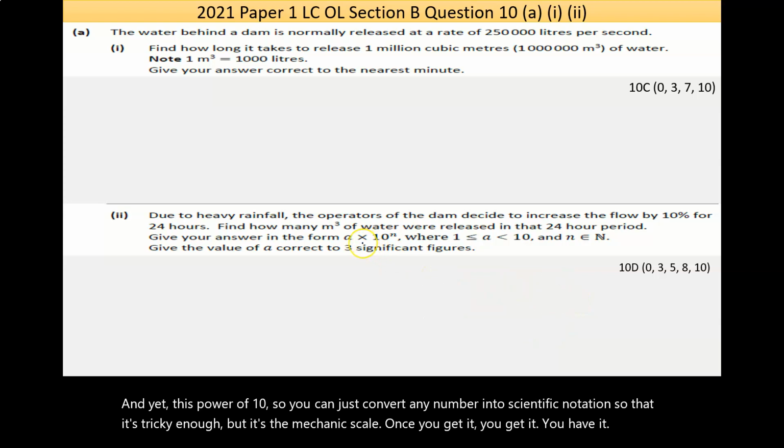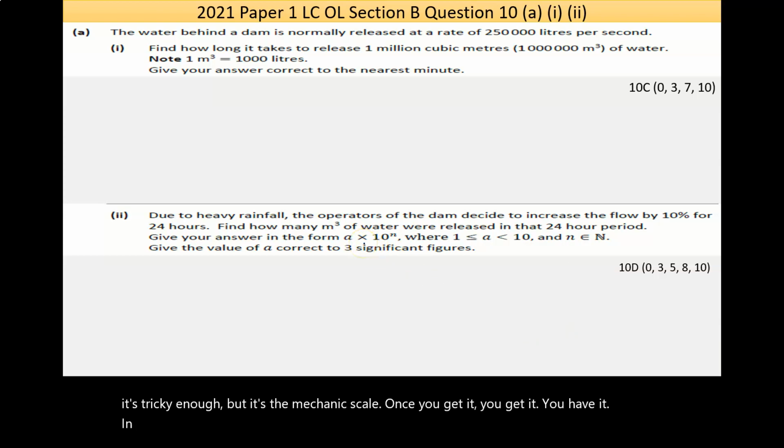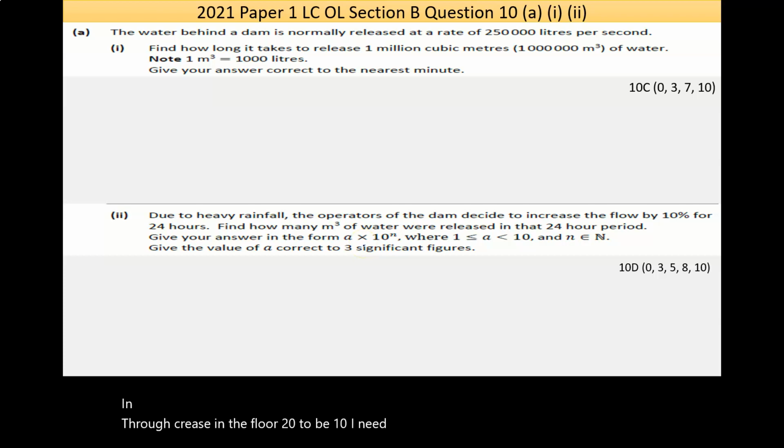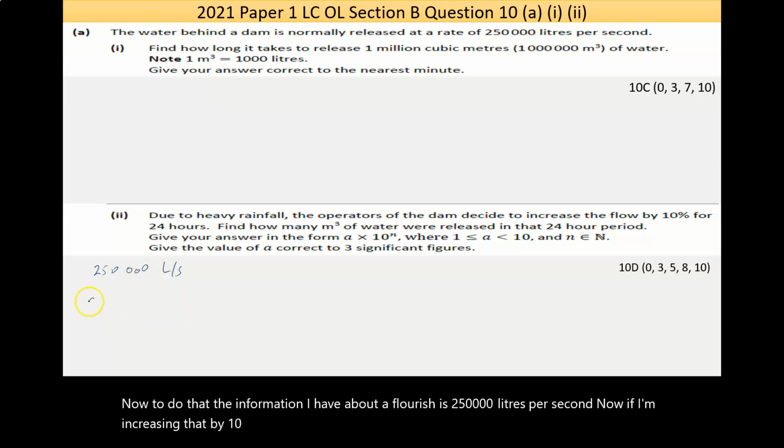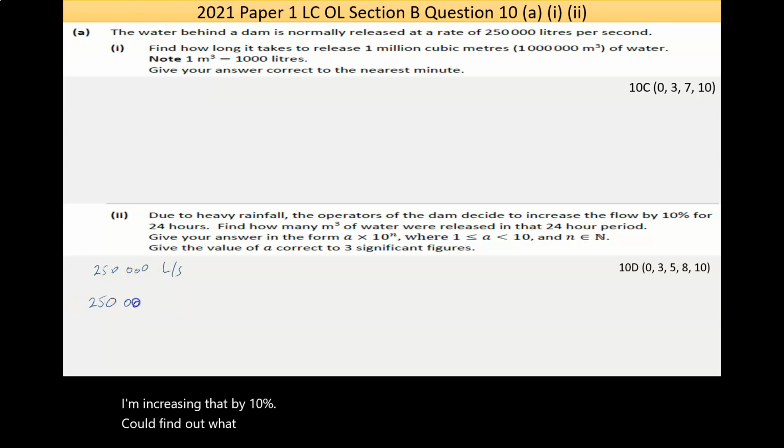Now, in increasing the flow by 10%, I need to know what the flow is for 1 day. To do that, the only information I have about a flow rate is 250,000 liters per second. If I'm increasing that by 10%, I could find out what that is by multiplying that by 10% and then adding that on to 250,000.